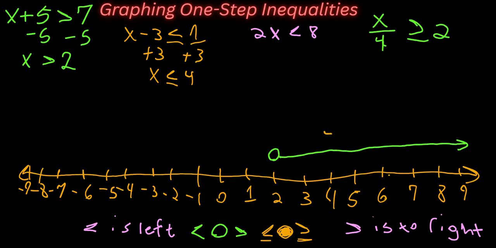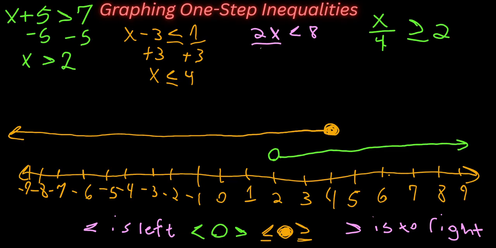X is less than or equal to 4. So I'm going to graph this above the number 4. I'm going to fill it in, and then it's going to be shaded to the left. Everything to the left. Because x is every number including 4, every number less than 4 and including 4. So let's go ahead and now we're going to solve this one.